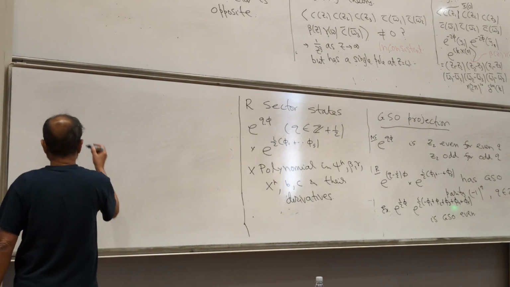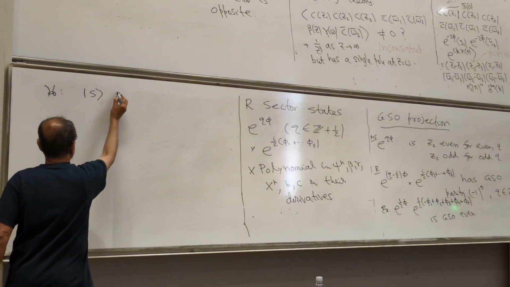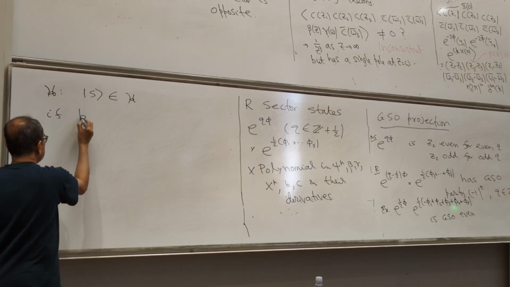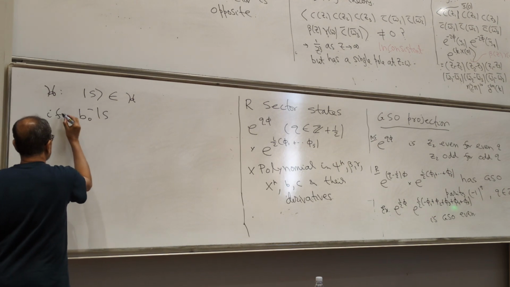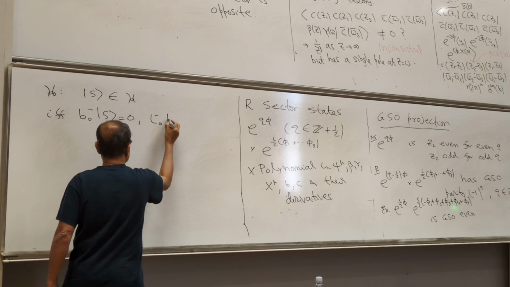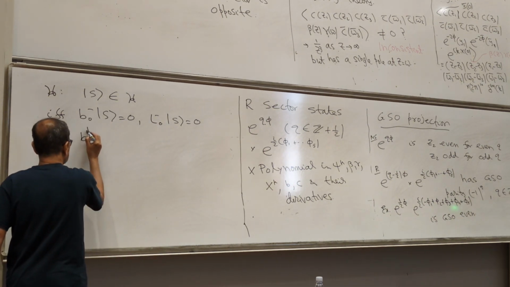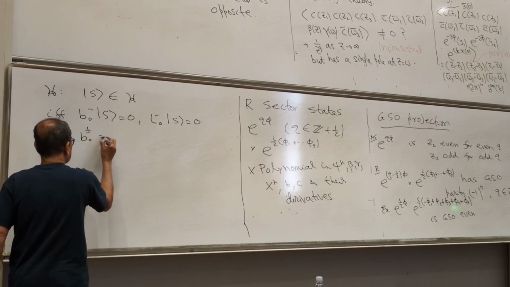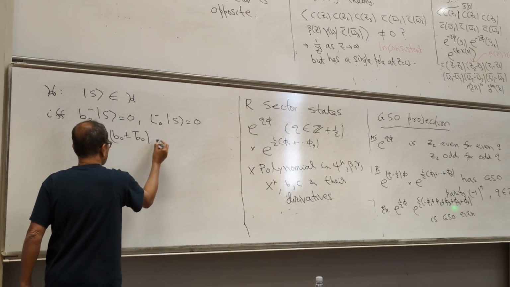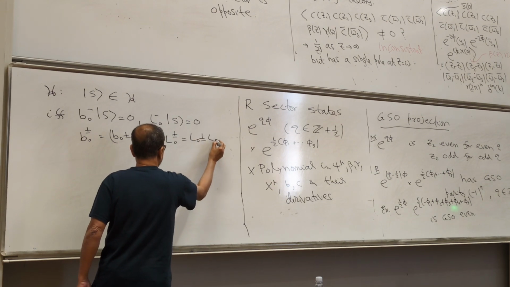So we had introduced a subspace H, so that S belongs to H if B0 minus S is 0 and L0 minus S is 0, where B0 plus minus is B0 plus minus B0 bar and L0 plus minus is L0 plus minus L0 bar.